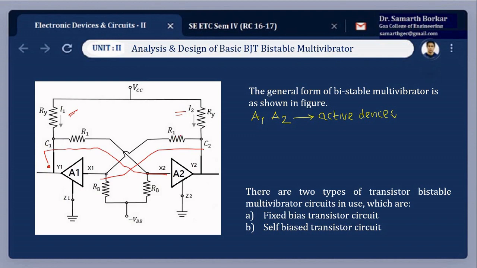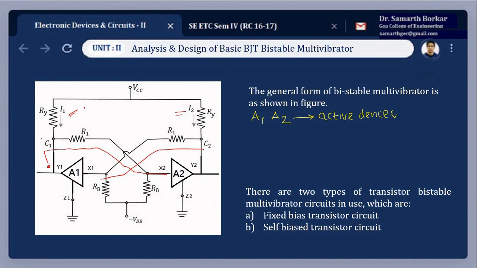So the current drawn by the circuit will be almost similar, so I1 will be equal to I2. Now assume that the current I1 increases. The two transistors are never identical, so one of the transistors will go into conduction first. Let us assume that transistor A1 goes into conduction first and I1 increases.